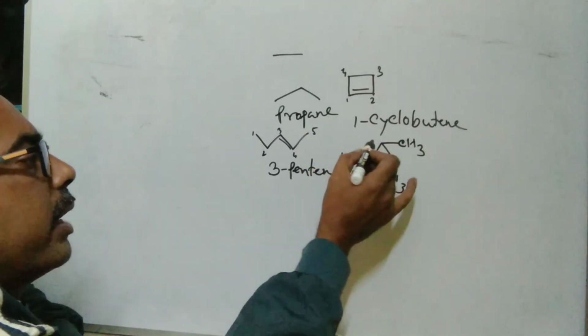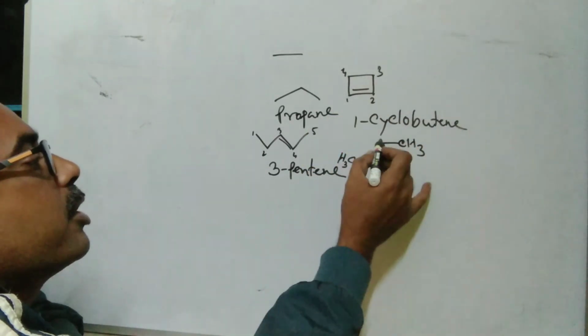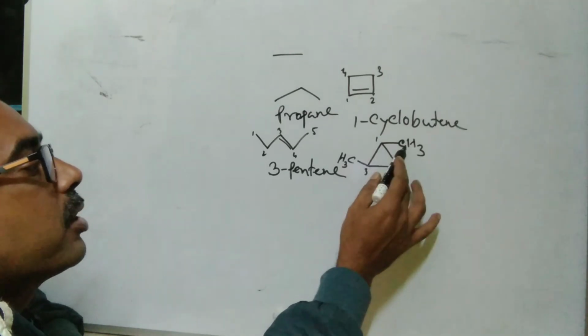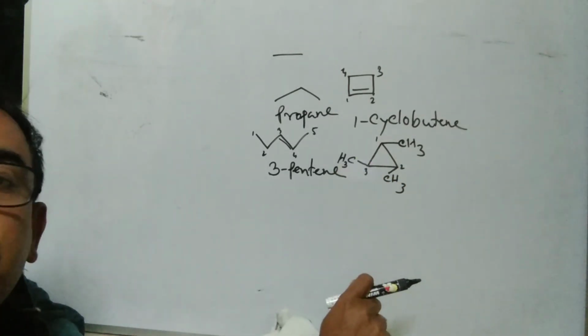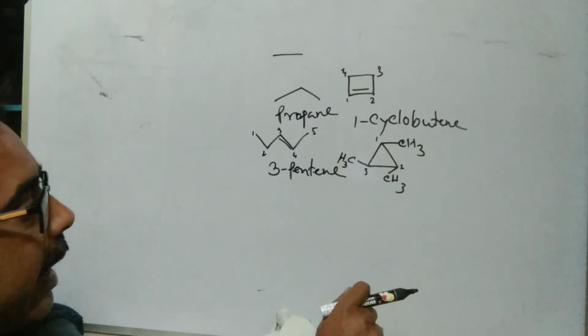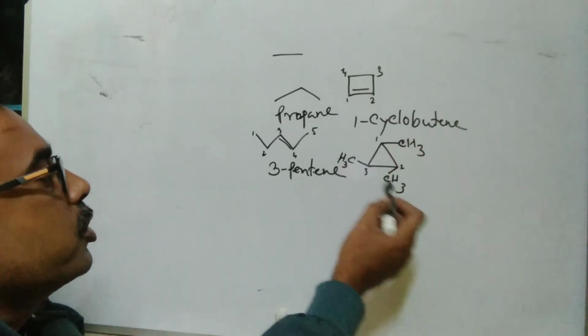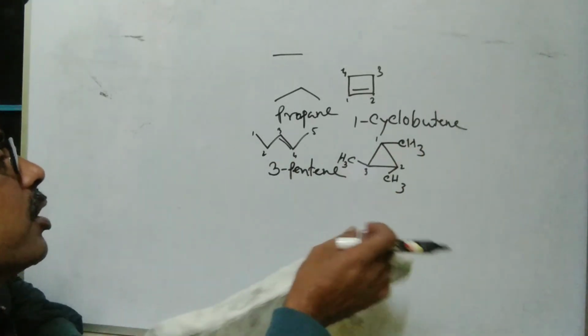Now all the positions are symmetrical, so 1, 2, 3. In each position there is a branch. The molecule is cyclopropane, and the branches are a methyl in position 1, position 2, and position 3.